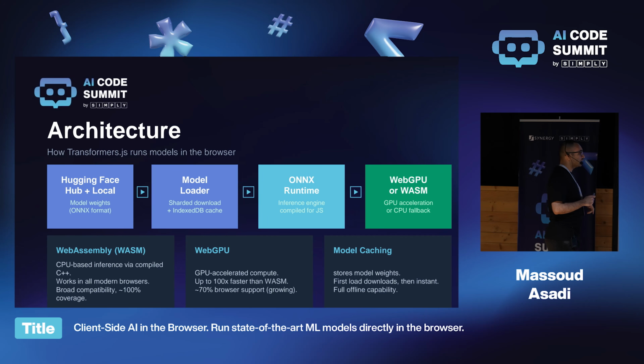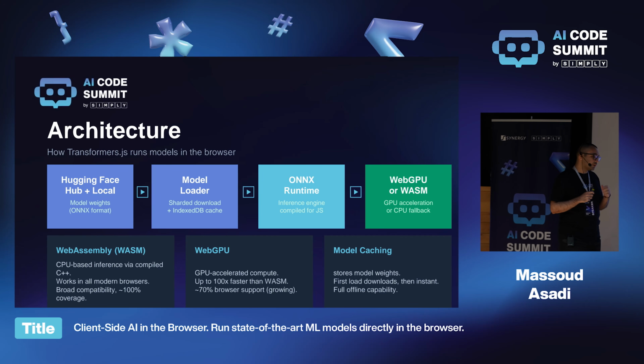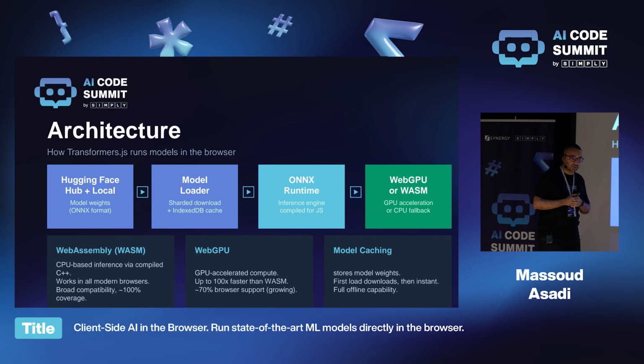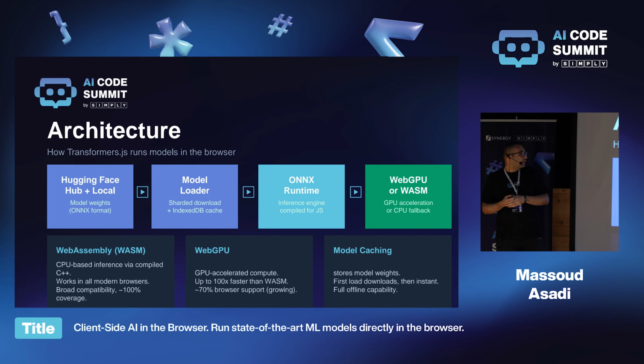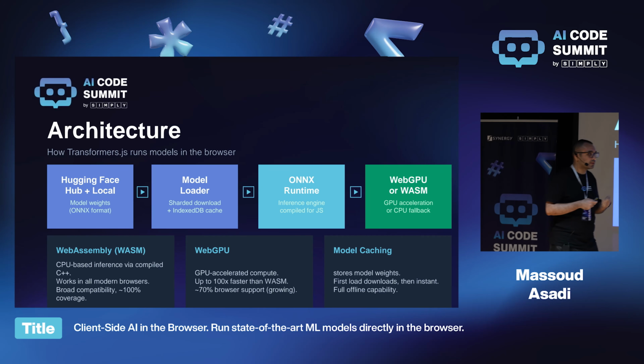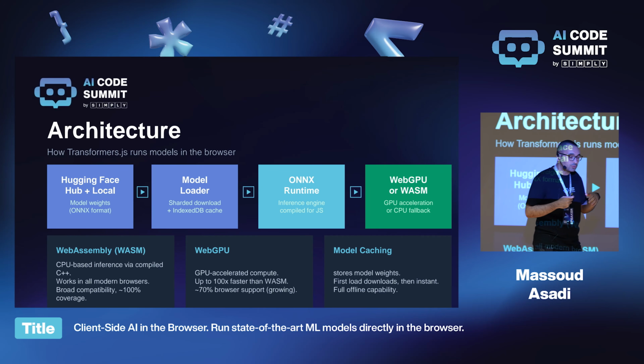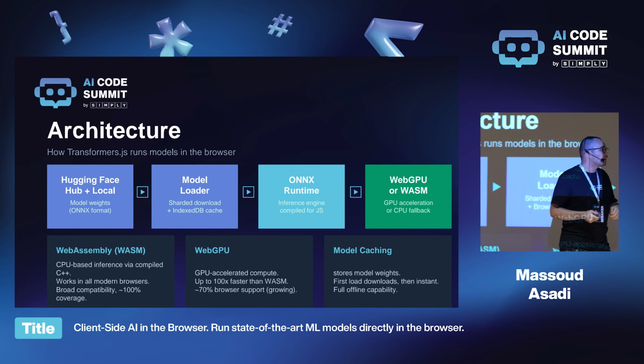Then the ONNX runtime loads the model into the device RAM, and then it will be deployed on WebGPU or WebAssembly. WebGPU is preferred because it will use your device GPU directly. It will give you a huge performance boost.